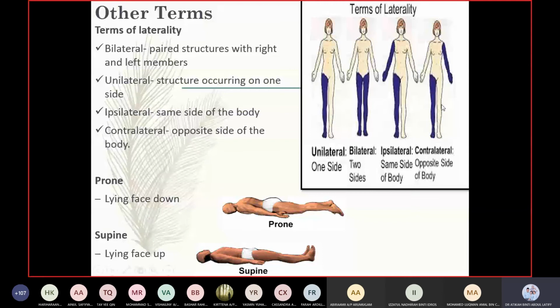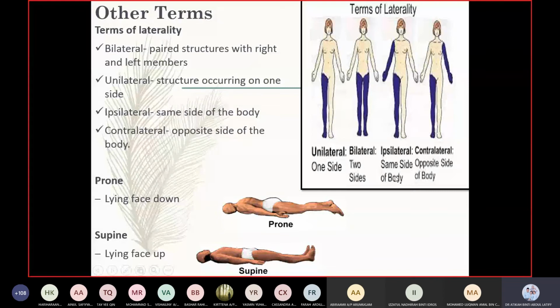If the weakness is only on one side, you say there's unilateral weakness. If both sides are involved, it's bilateral weakness of both limbs. In stroke, the lesion is in the brain, which causes the symptoms or weakness in the limbs.